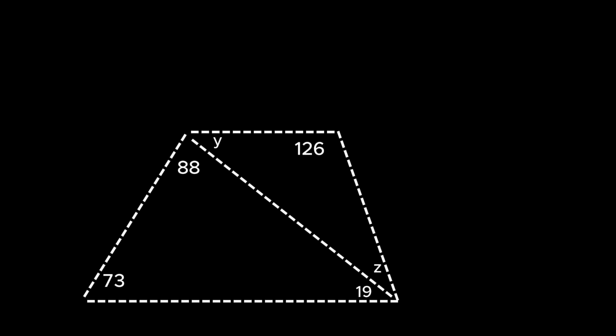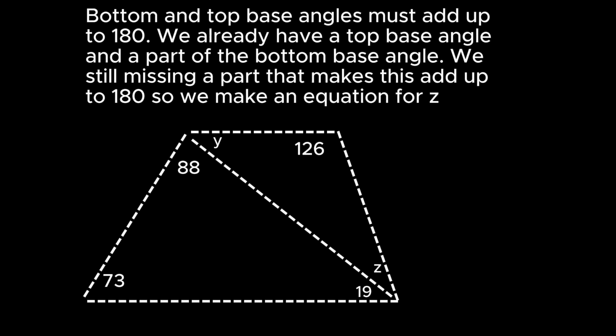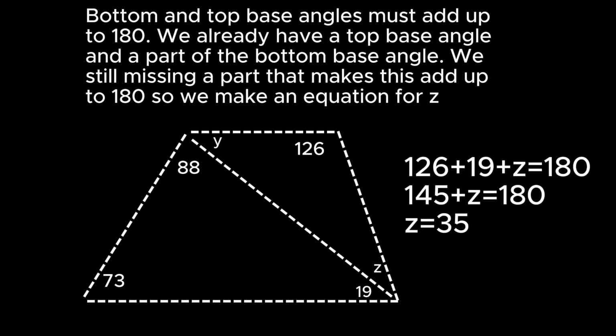Since we know that this bottom base angle on the right and the top base angle have to add up to 180, and we know that x is 19, we can create this equation: 126 plus x, and x is 19, so 126 plus 19, plus z, which we don't know yet and is part of this bottom angle, equals 180. 126 plus 19 plus z equals 180.